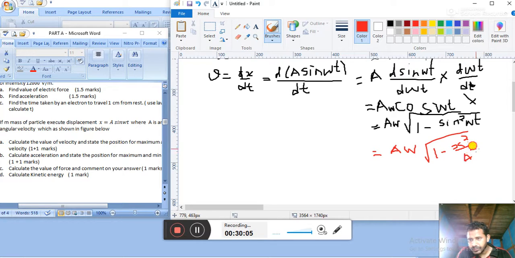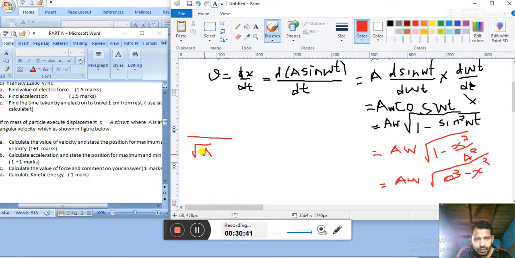Again use LCM, and you will get a omega root over a squared minus x squared, upon root over a squared. The root over a squared cancels, and this a and this a cancel out.